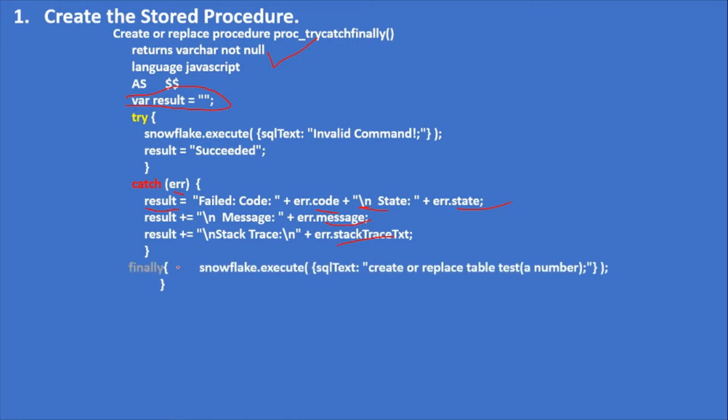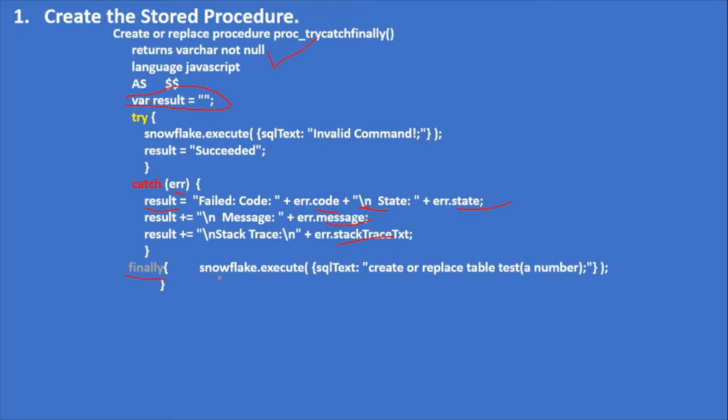After that you can write the finally block. Inside that finally block, generally we write the piece of code which is related to cleaning of your data or cleaning tasks.